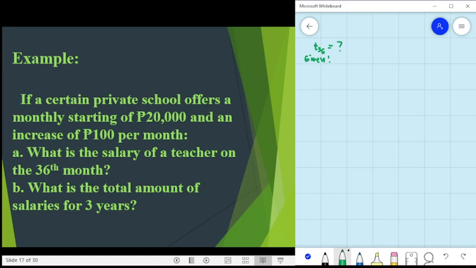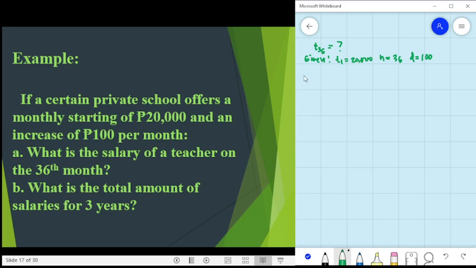Since 20,000 is the starting salary, we are going to represent T sub 1 with 20,000. And then our number of terms is 36. And the d is 100. So that will be our common difference, because that is what is added monthly, right?